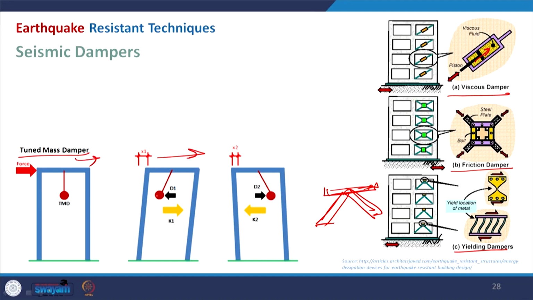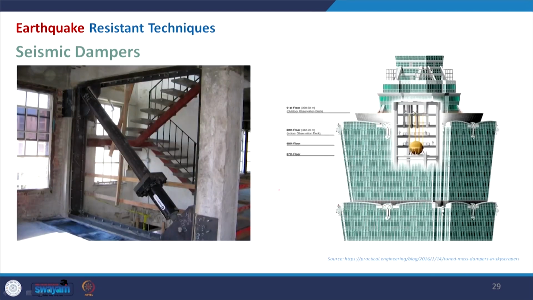At the same time, the mass adjusts in the opposite direction, and when the building tries to sway to the other side, the mass goes to the other side, so that it manages the motion. This is installed in the Taipei 101 tower, which is very helpful during such motion, and especially helpful to resist the lateral load due to wind.